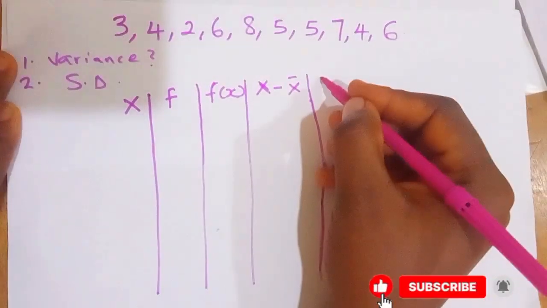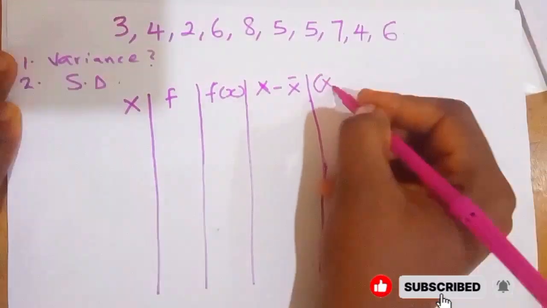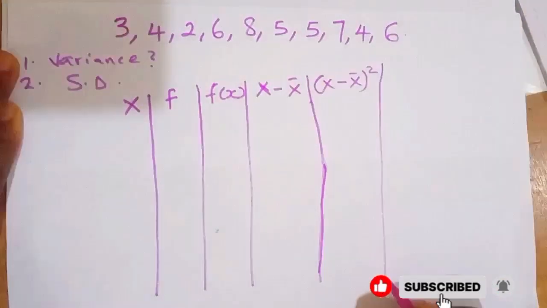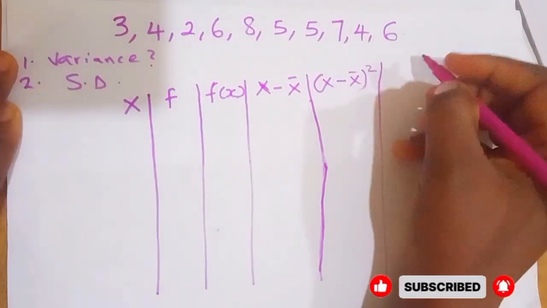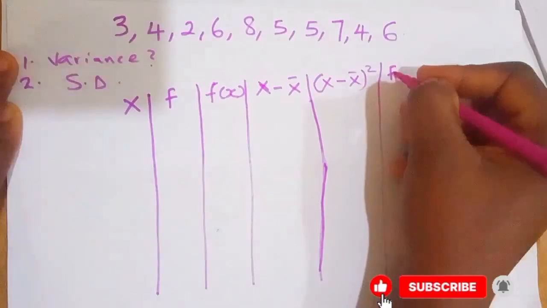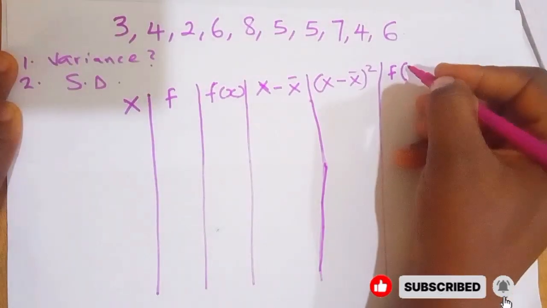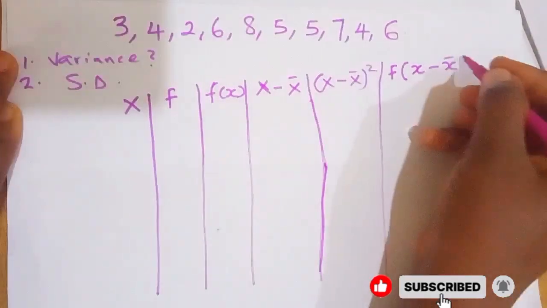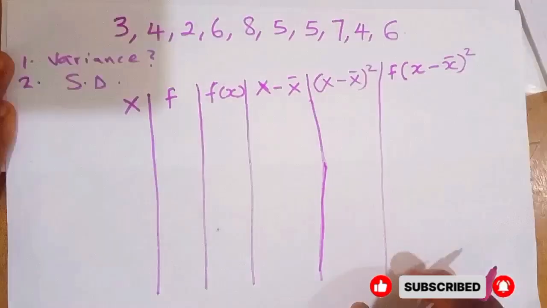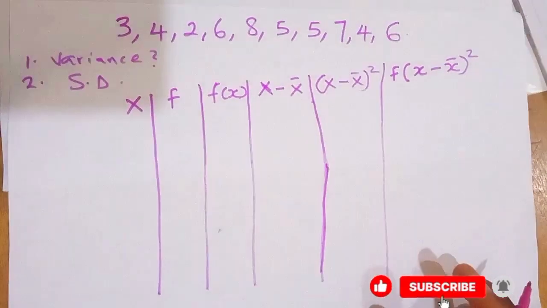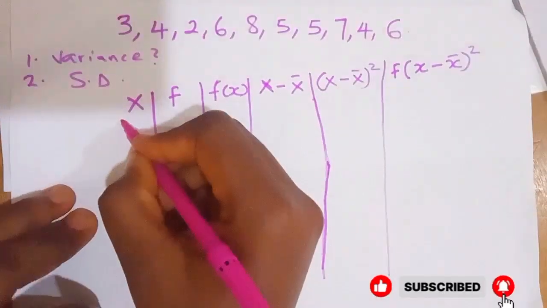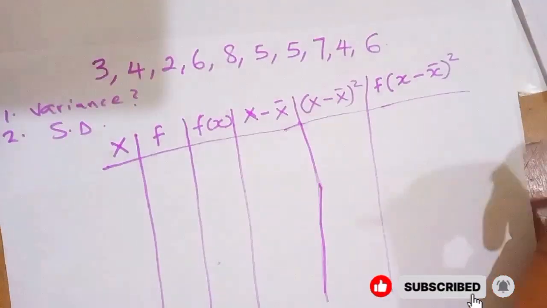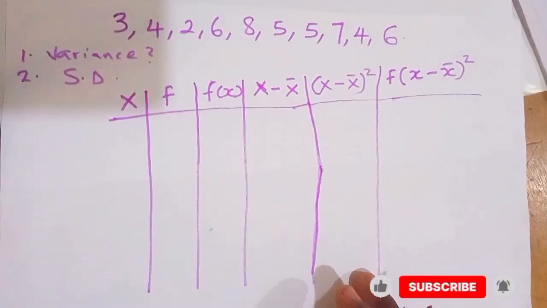Then we square the deviation, so we have x minus the mean, all squared. And the last one, frequency multiplied by x minus the mean, all squared. From this table, you'll be able to understand this very well. No complication. So let's solve it together, guys.